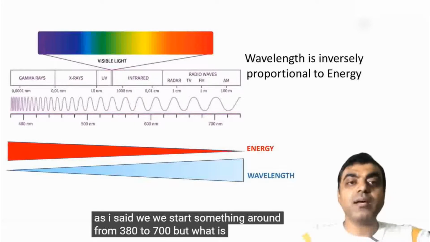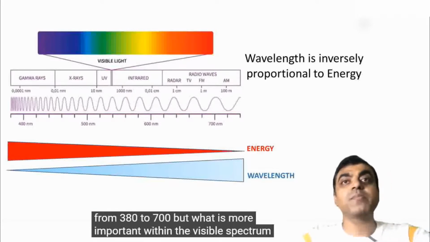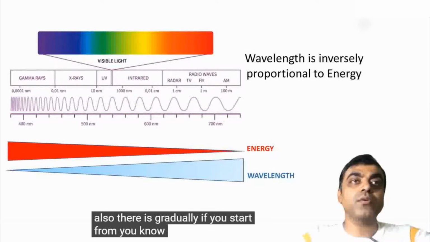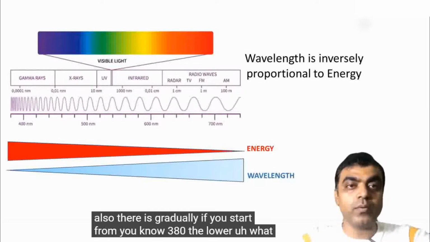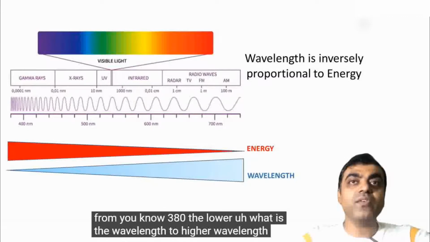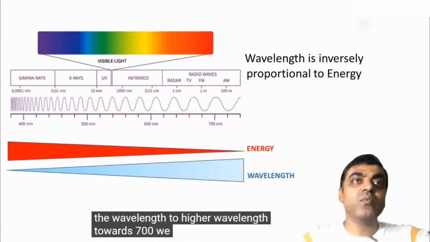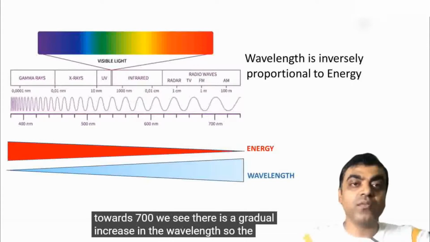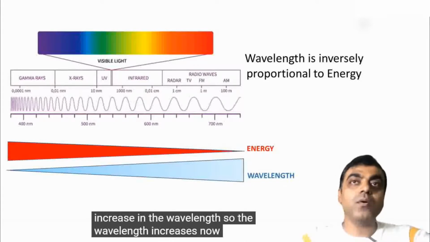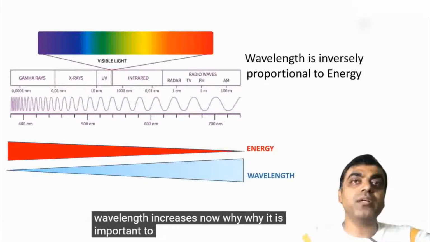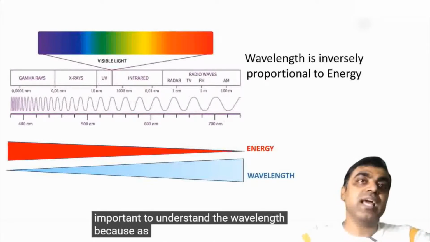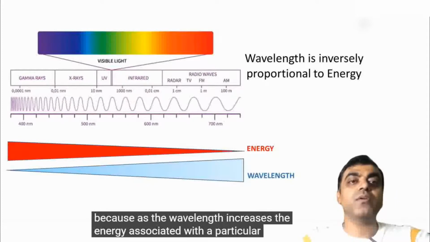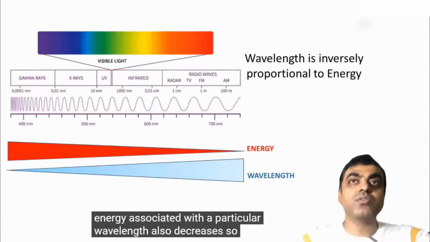What is more important is that within the visible spectrum, starting from 380 at the lower wavelength towards 700 at the higher wavelength, there is a gradual increase in the wavelength. Why is it important to understand the wavelength? Because as the wavelength increases, the energy associated with it decreases.